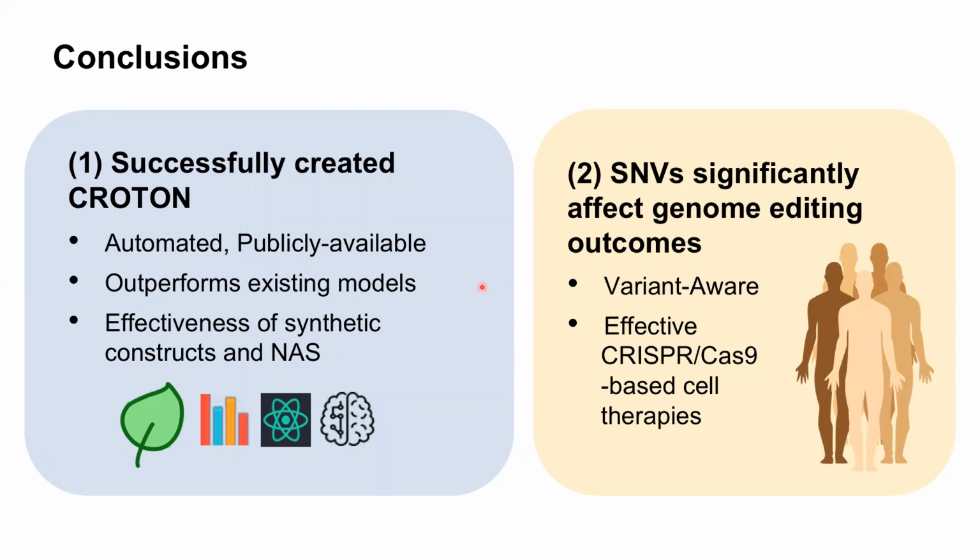Our study also provides evidence for the potential and usefulness of neural architecture search or other automated machine learning in genomics. In addition, we found that single nucleotide variants significantly affect genome editing outcomes, making our model variant aware.